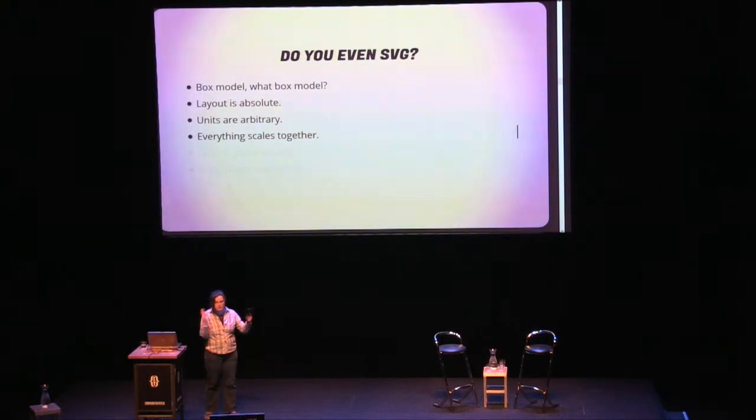If you have a paragraph and you shrink the width, it ends up wrapping and taking up longer height to balance up the constrained width, but the text size stays the same. In SVG, by default anyways, you constrain the width, you constrain the height, text size shrinks down, and if you're not careful, things can become unreadable. So I'll have an example of how you can adjust for that.